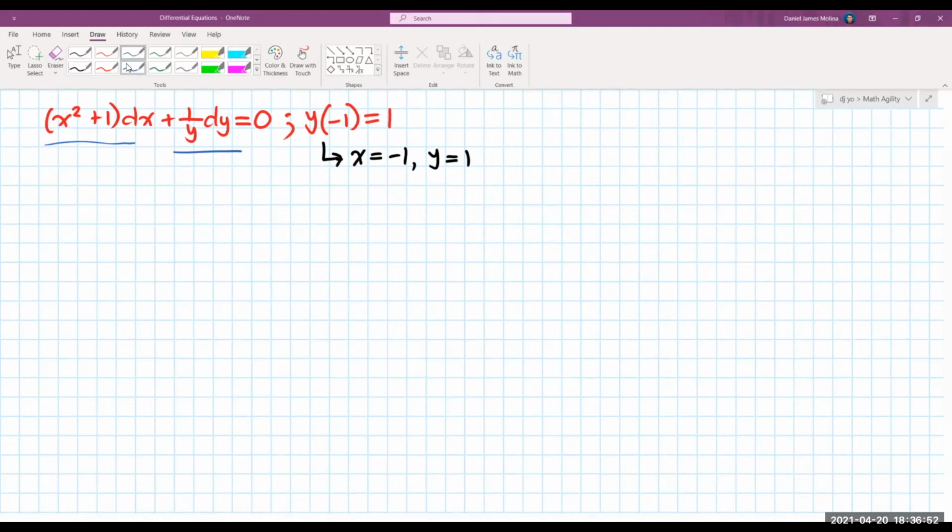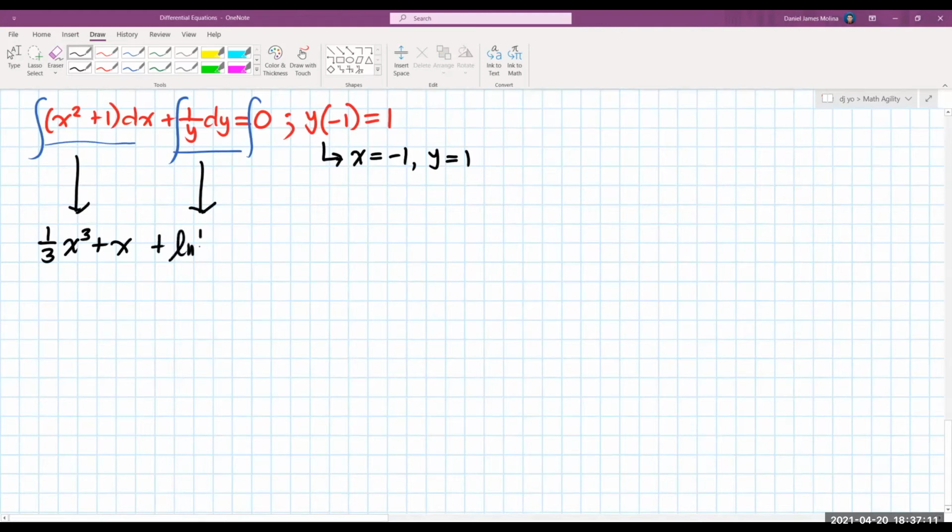So we integrate both sides of the equation. The three terms here. The first integral by power rule will be 1/3 x cubed plus x. And then our second integral will be the natural log of y.